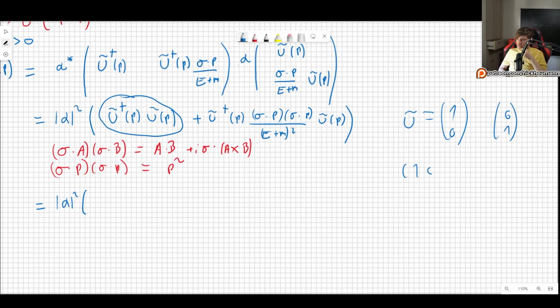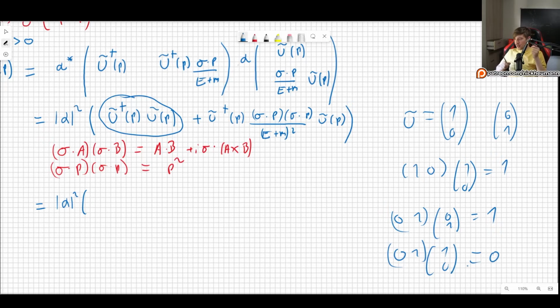So you will either have (1, 0) with (1, 0), which is 1, or you will have (0, 1) with (0, 1), which is also 1, or you can have any mix like (0, 1) with (1, 0), which would be 0, or the other way around.